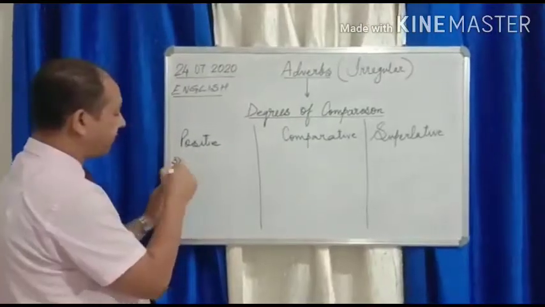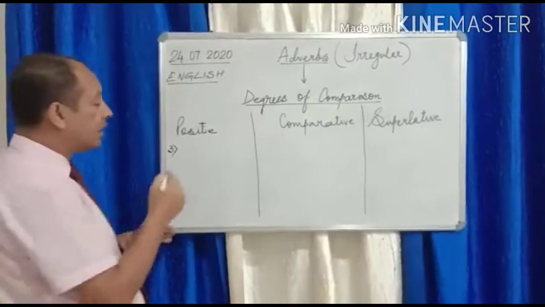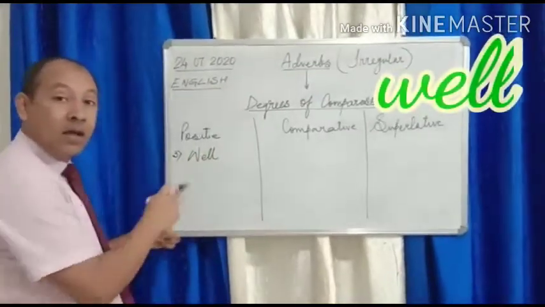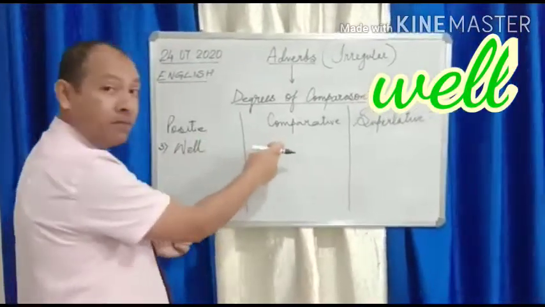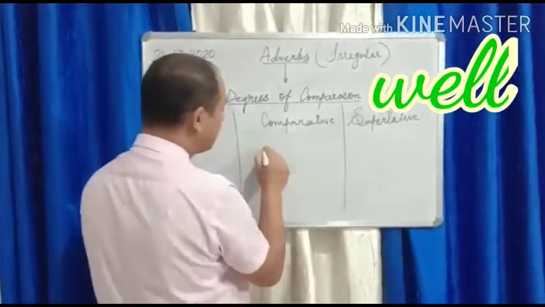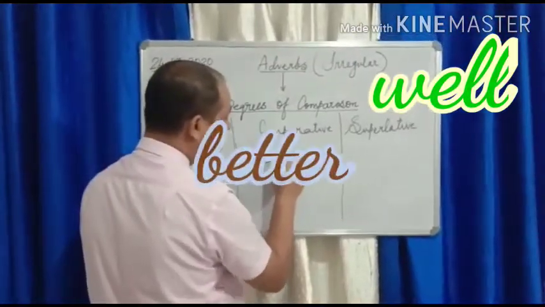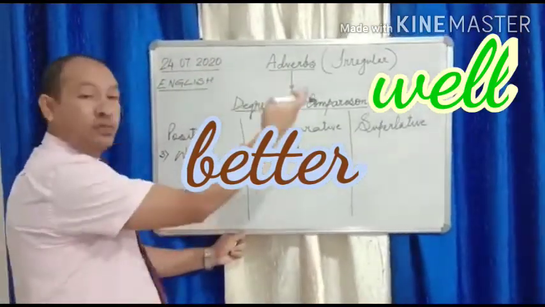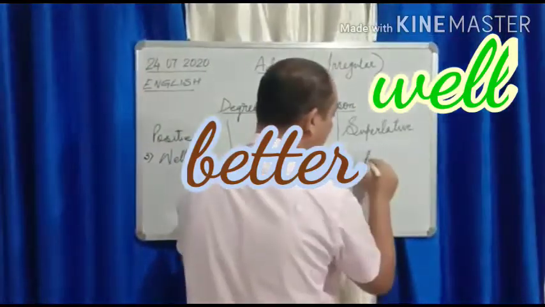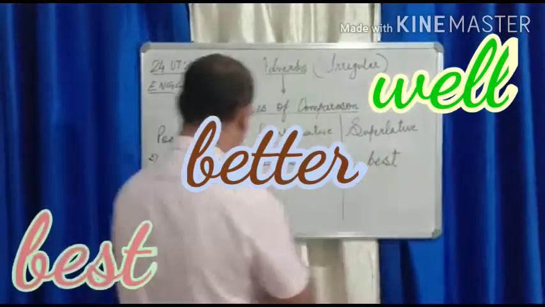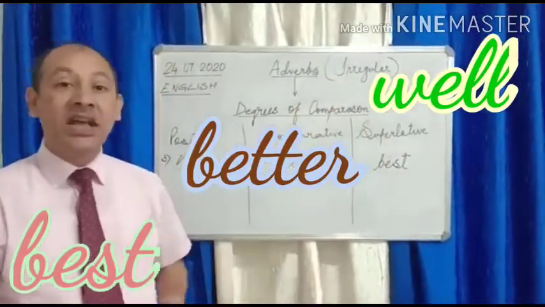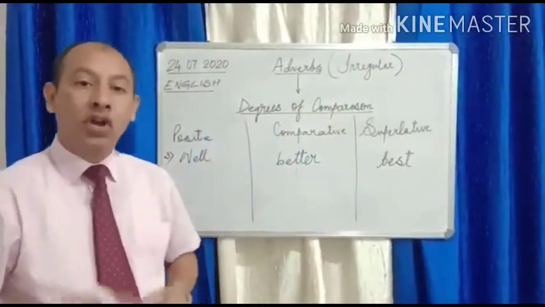Look at the third example. Number 3. Say we take another adverb, well. To make it the comparative form, it becomes better. And to make it into the superlative form of the word well will be best. That's why they're called irregular adverbs.